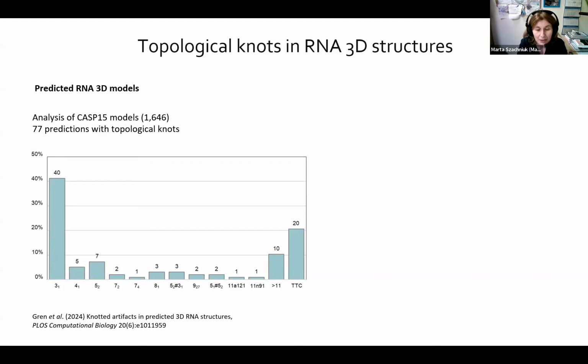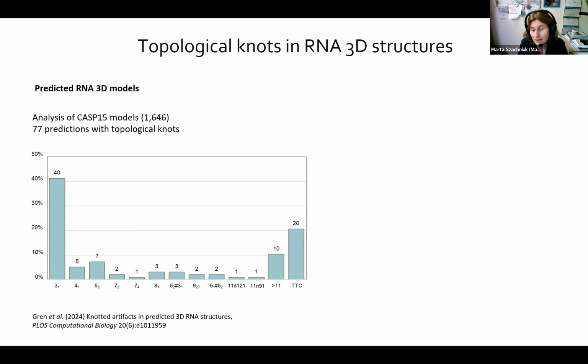So we were just trying to find out what is the complexity of topological knots found in the predictions. And well, you can see that there are really, really complex topological knots in the predicted structures.